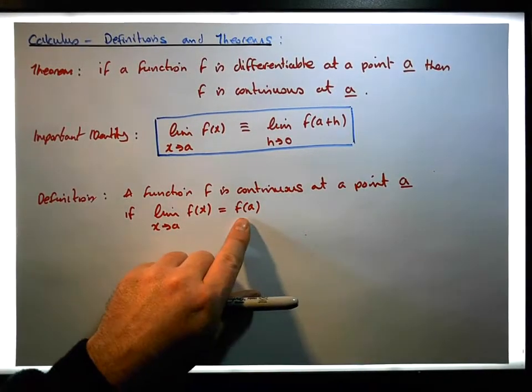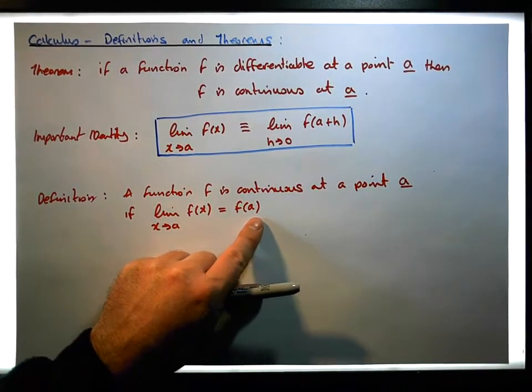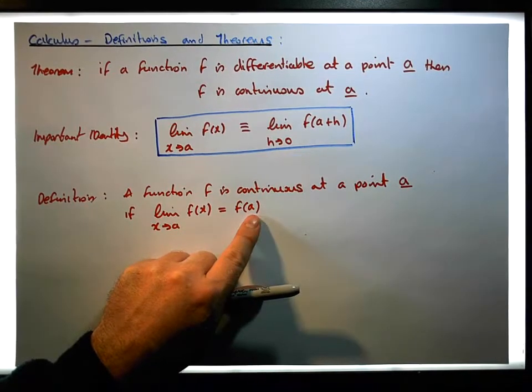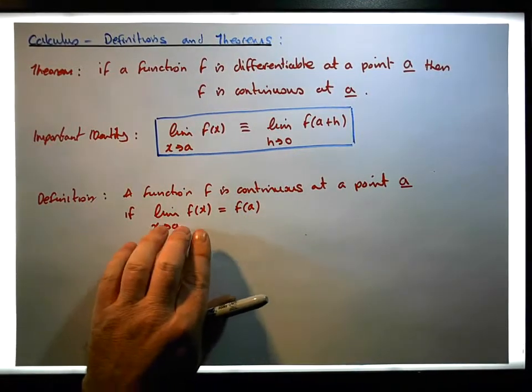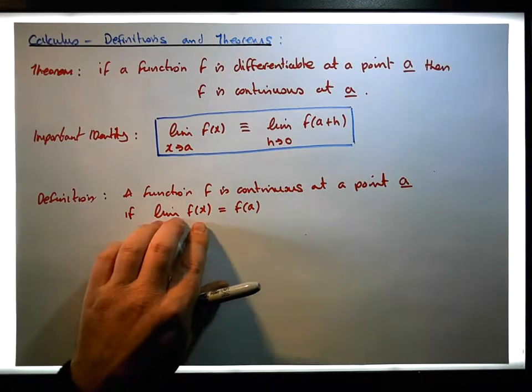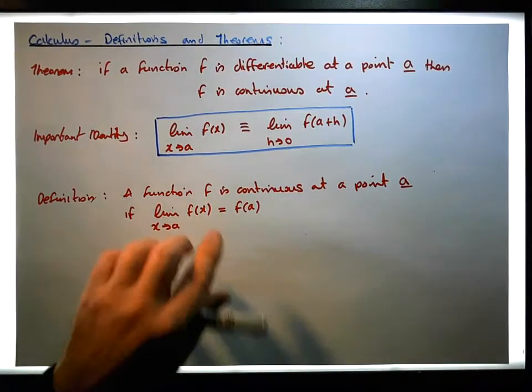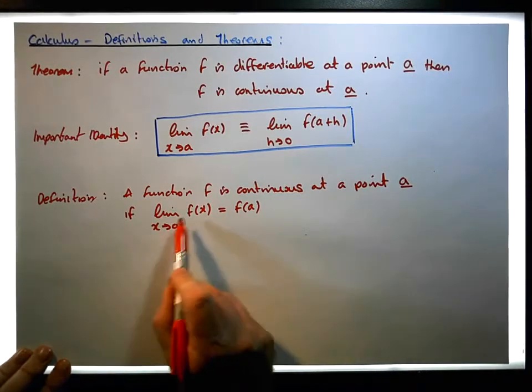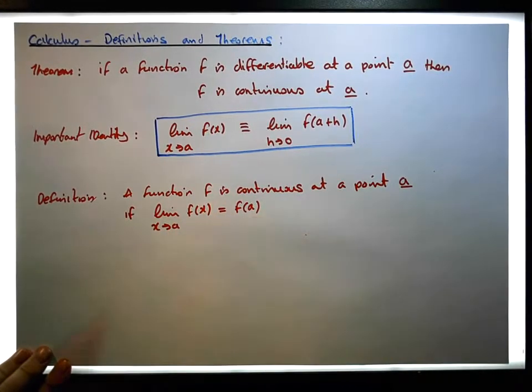In other words, if we just evaluate the function at a, that particular value should be what the limit of f of x as x tends to a actually becomes. So this limit should take on this particular value is what we mean by a function being continuous.